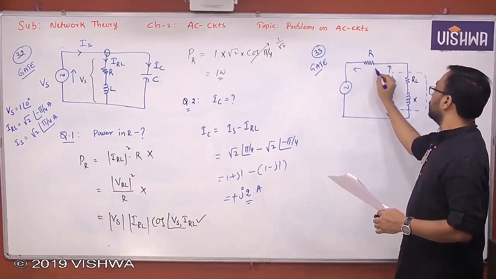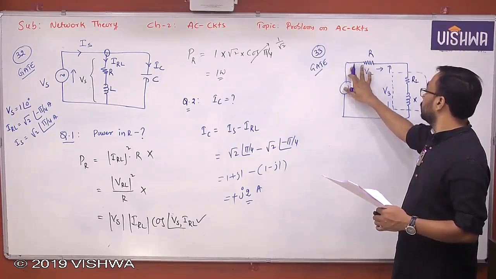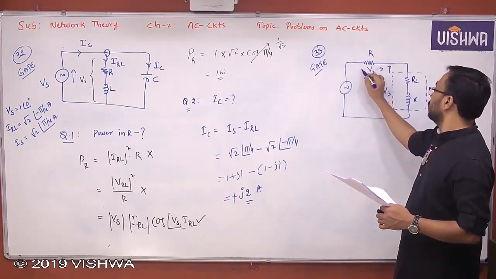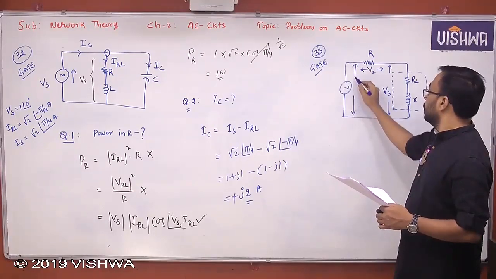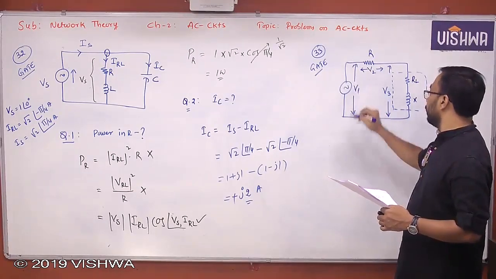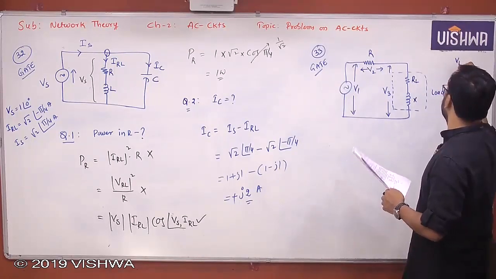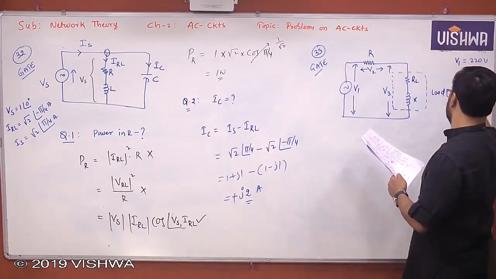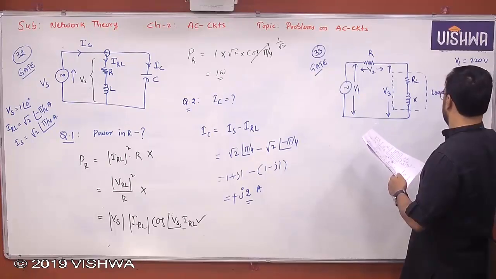The voltage across this series resistor was given as V2, and the voltage here is V1. Understand? So V1 value was given here: 220 volts. V2 is 122 volts. V3 is equal to 136 volts.